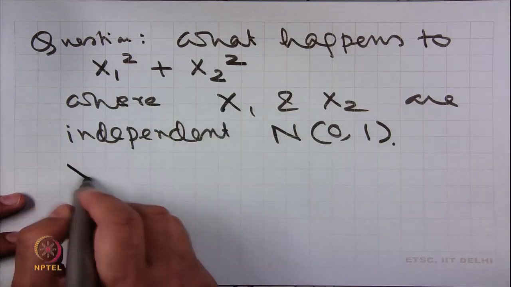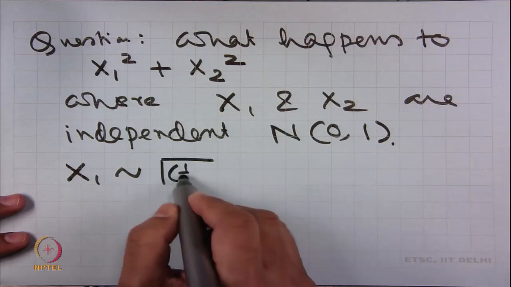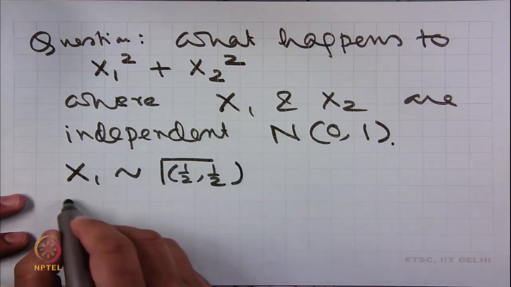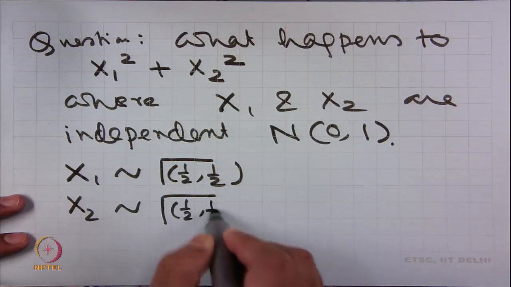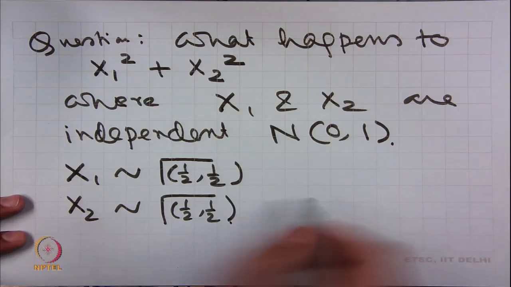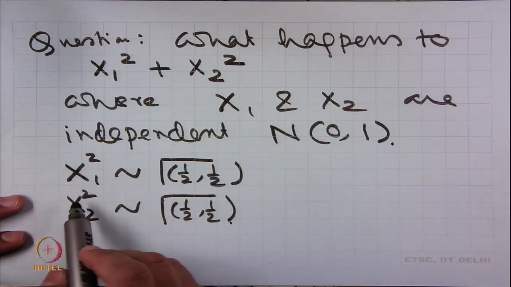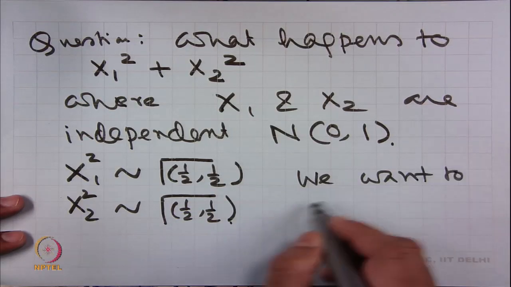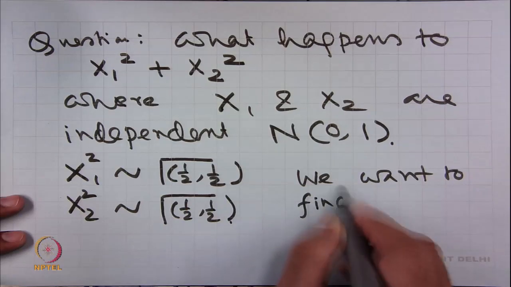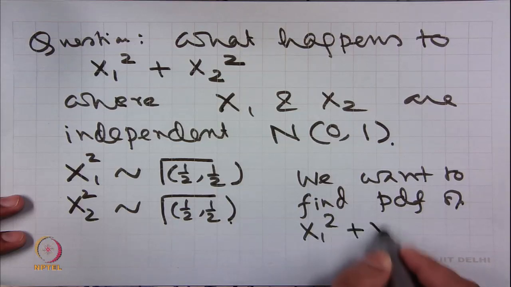We know that x1 square will become gamma half half, x2 square will become gamma half half, and therefore, given two different random variables which are independent, we want to find the PDF of x1 square plus x2 square.